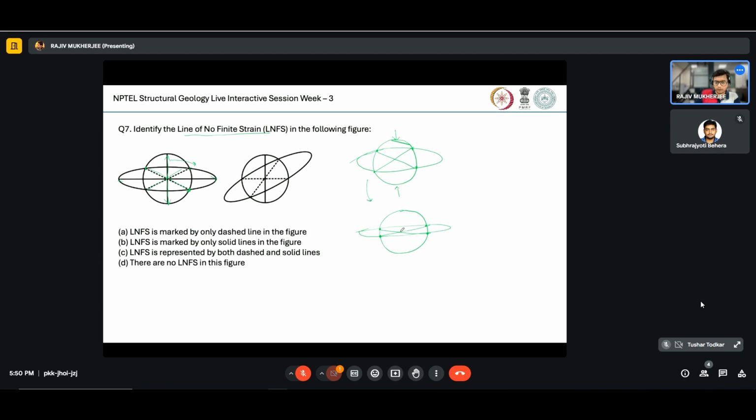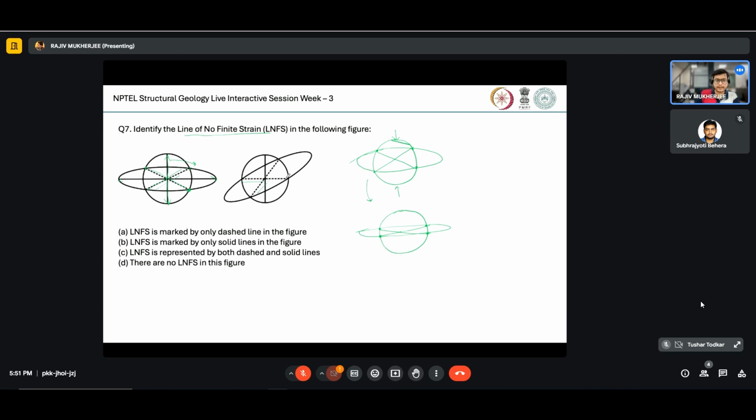The only reason is because the strain ellipse is constantly intersecting with the perimeter of the initial circle, and since the radius of this initial circle is fixed, the intersection points will not change their length. And that is why the dashed line in this figure represents the line of no finite strain.